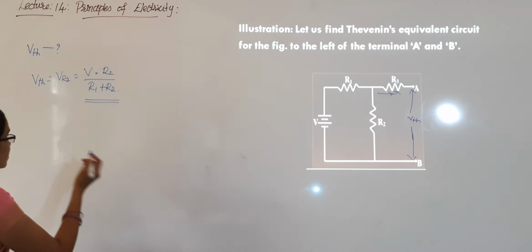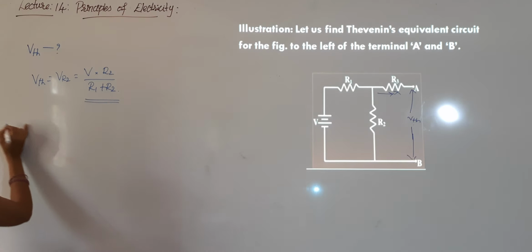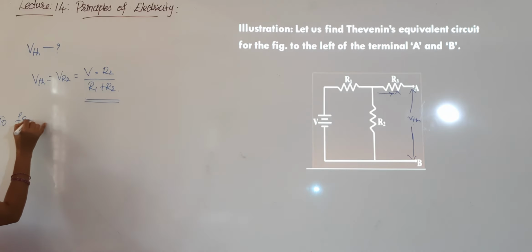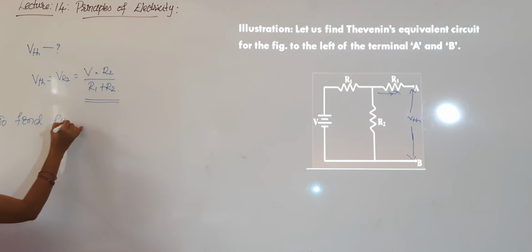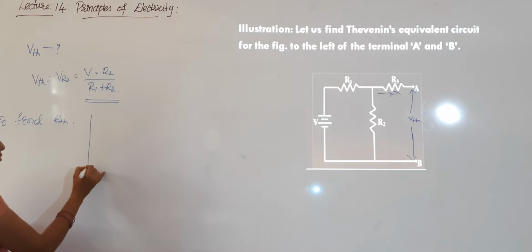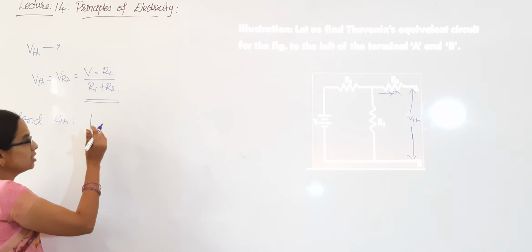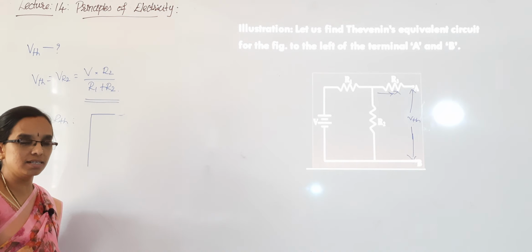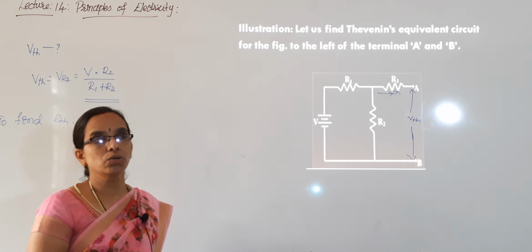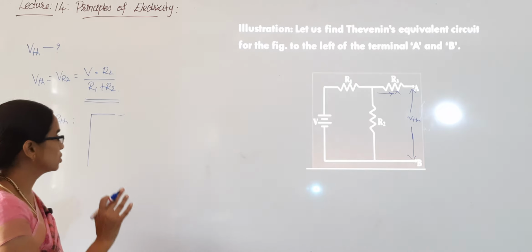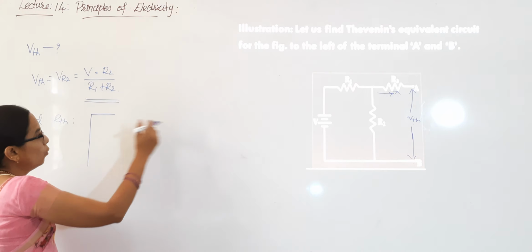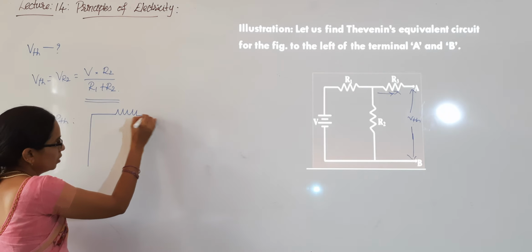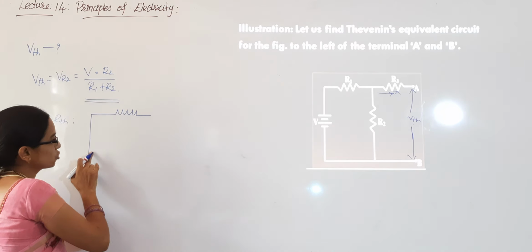Okay. In the second step, to find RTH, we will replace the voltage source by a short circuit or by its internal resistance. For an ideal voltage source the internal resistance is 0. So I will replace the voltage source by a short circuit.